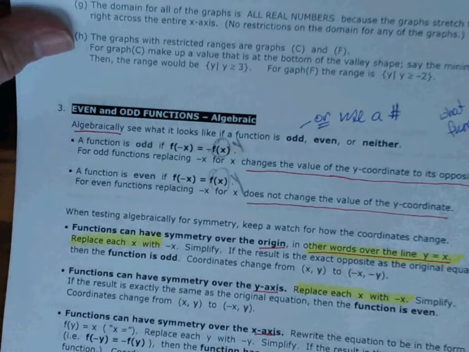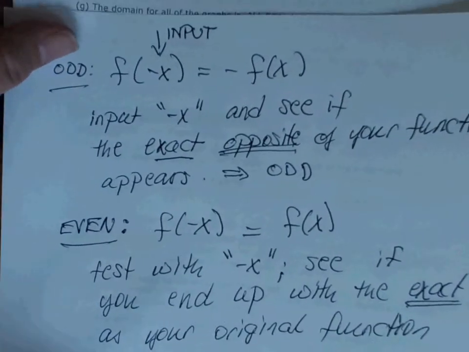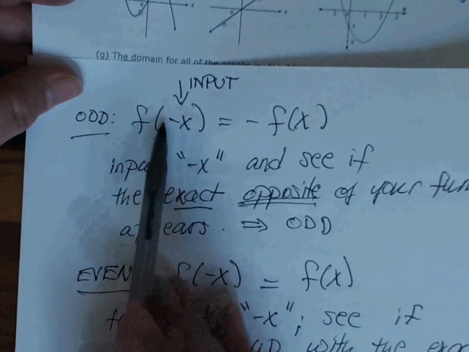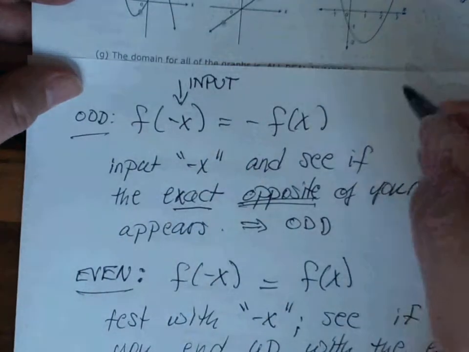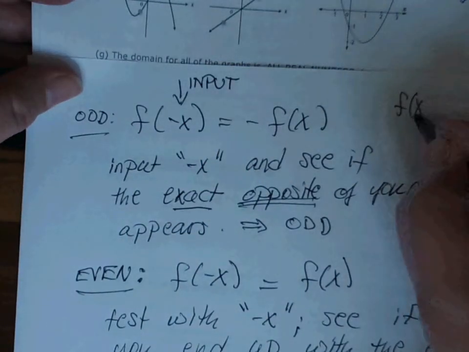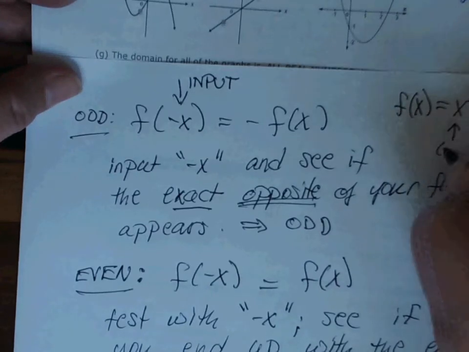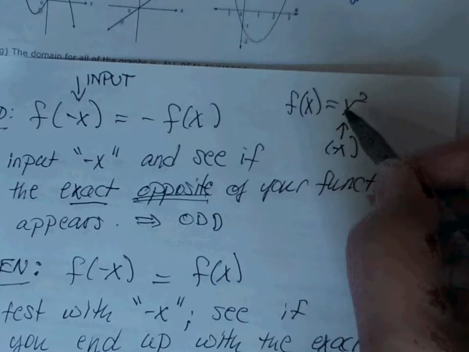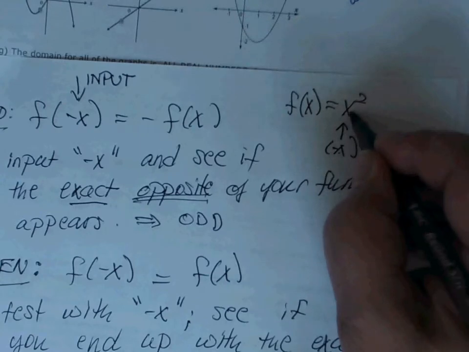All right, so I have some notes here. Please write this down in your notebook. So again, this is where your input goes. If you input a negative x into your whole algebraic function, like f of x equals x squared, y equals x squared, and you input a negative x into that, what are you going to get?